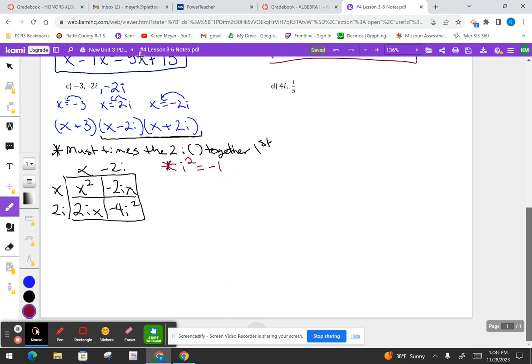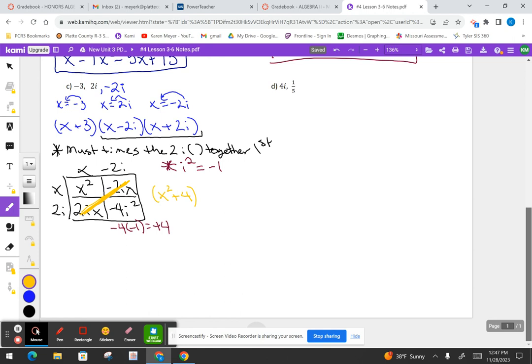So right here I see this i squared, so I'm going to think of it as negative 4 times negative 1, which will really just switch that to a positive 4 in the last box. And then hopefully everybody notices here when I do my like terms, a positive 2ix and a negative 2ix cancel each other out. So really I'm just left with x squared plus 4. So you notice there should be no i's left, okay?